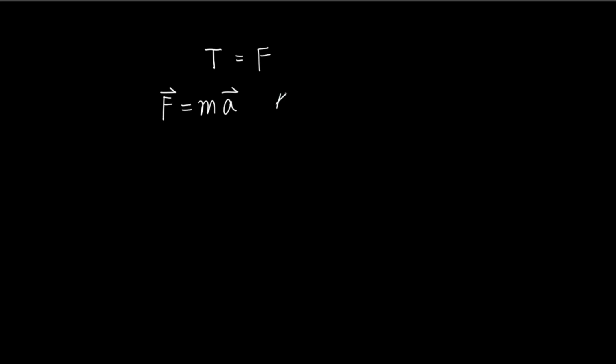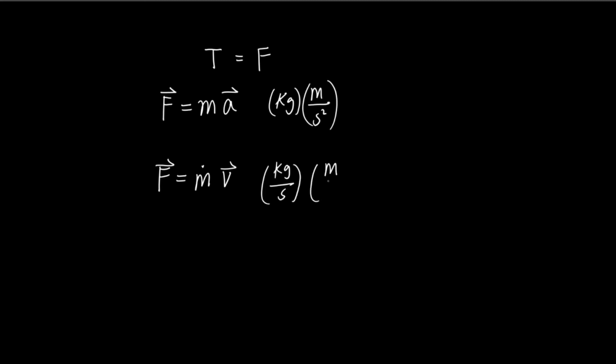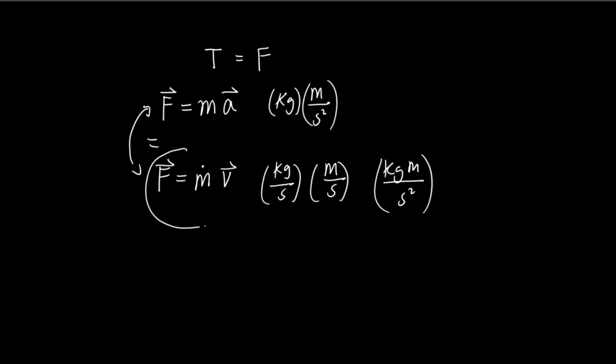The unit of this is kilograms times meters over second squared. However, we can rewrite this as mass flow rate times velocity, which has the same unit: kilograms over second times meters over second, so also kilograms meter over second squared. They have the same unit, and usually we prefer this term.